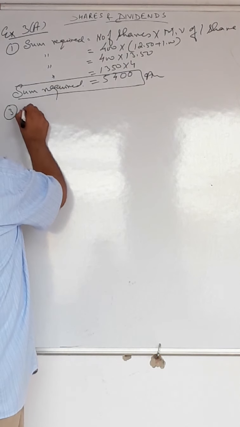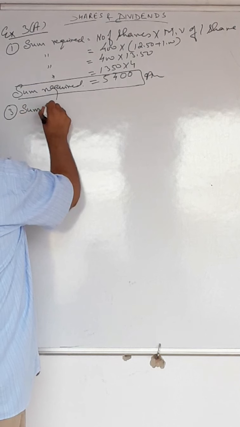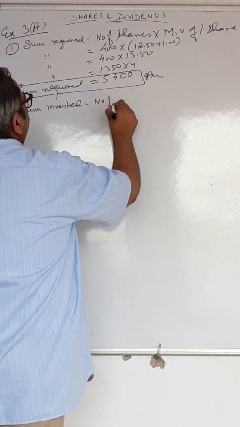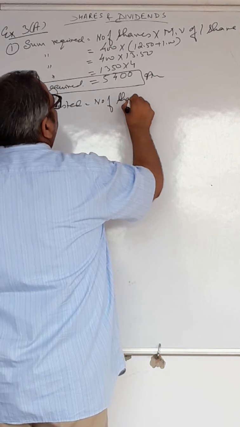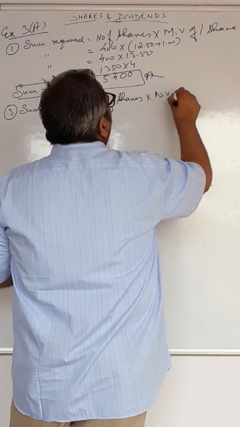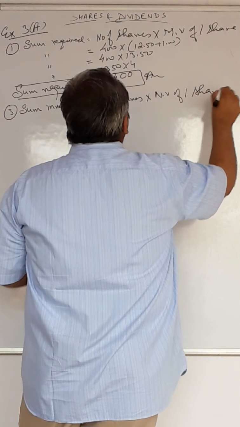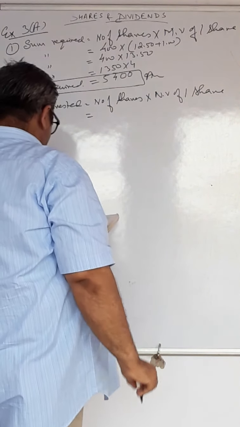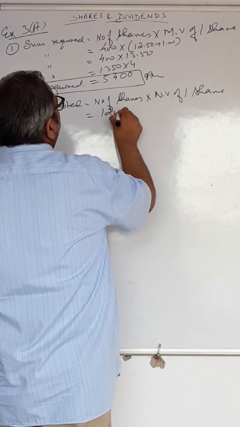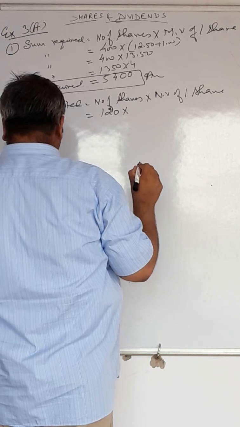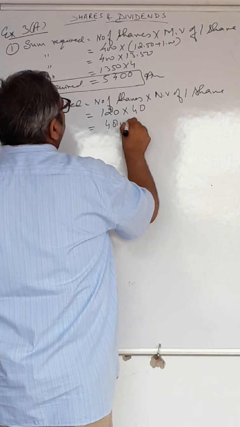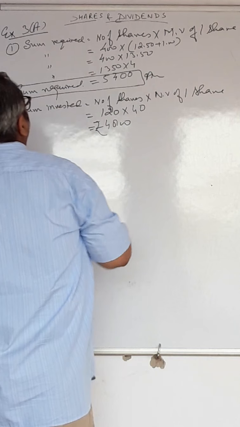Sum invested is number of shares into nominal value of one share. Number of shares 120. Nominal value of one share 40 rupees. 12 4 is 48, 4800. This much amount invested.